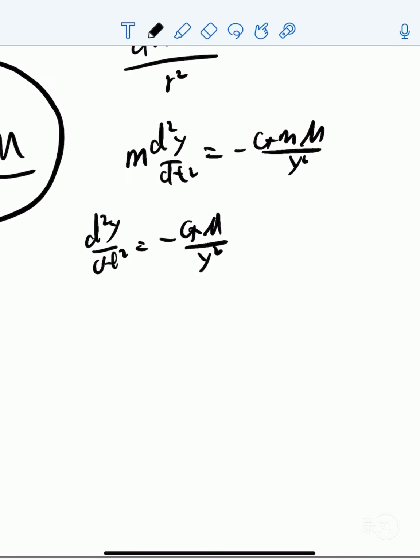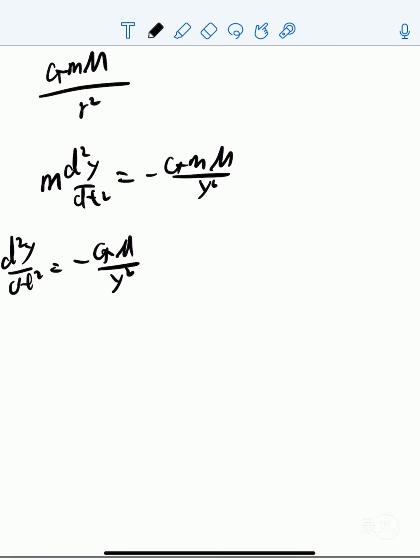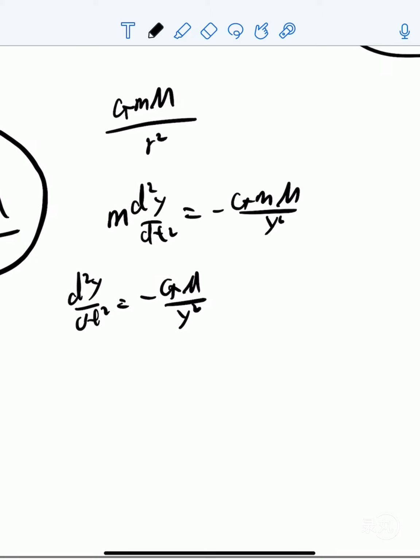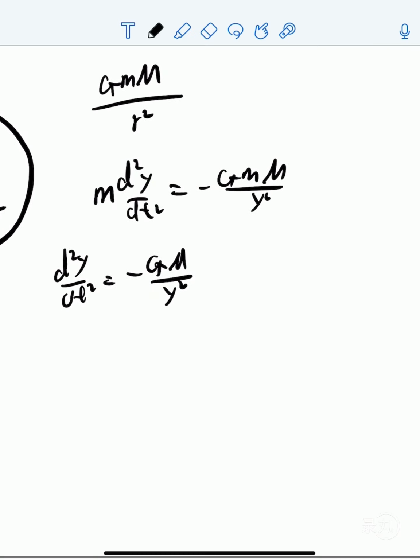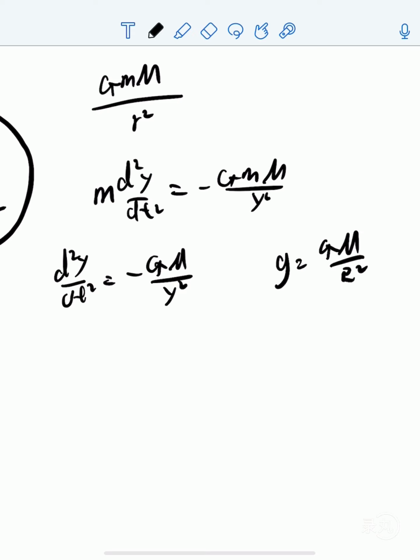And now, if you know, on the surface of the Earth, we know that g is equal to GM over R squared. So if we move it to that side, we get this equation is going to be g R squared over y squared.